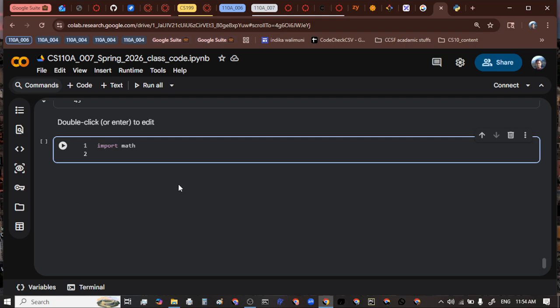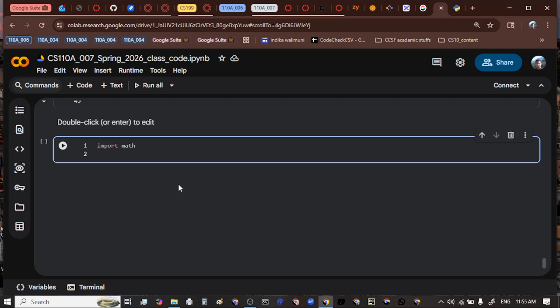All right. I want to find out the content of math. How do we do that? I want to find out the set of attributes inside the math module. Of course, I can Google it and go to the documentation.